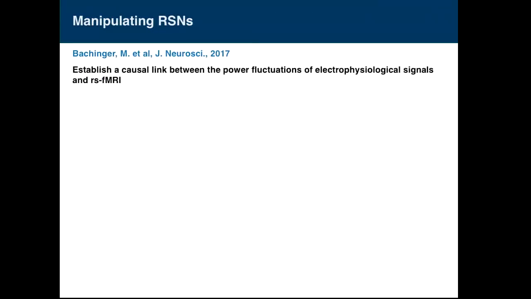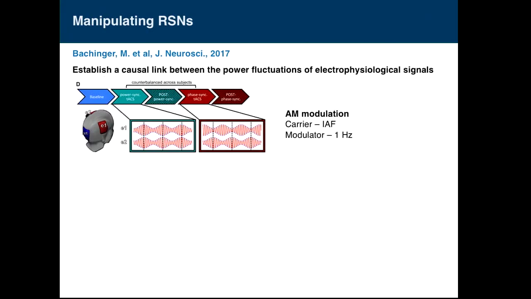Still, here we're talking about correlational evidence, and Bächinger and colleagues performed a very interesting study trying to establish a causal link between the power fluctuations observed in EEG signals and resting state fMRI. So they had resting state fMRI, and simultaneously applied transcranial alternating current stimulation in an amplitude modulation way.